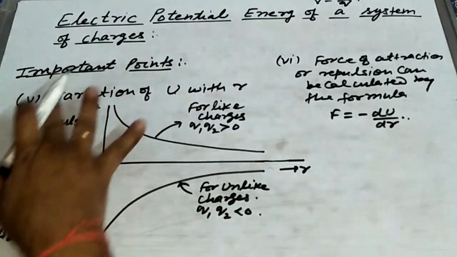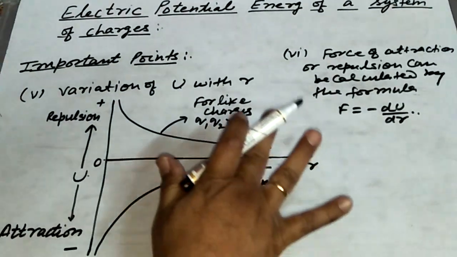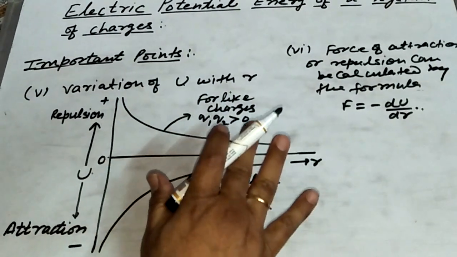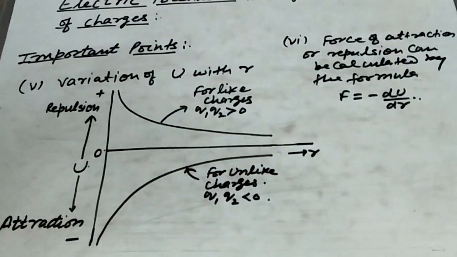So all these are the important points included in the electric potential energy of the system of charges.